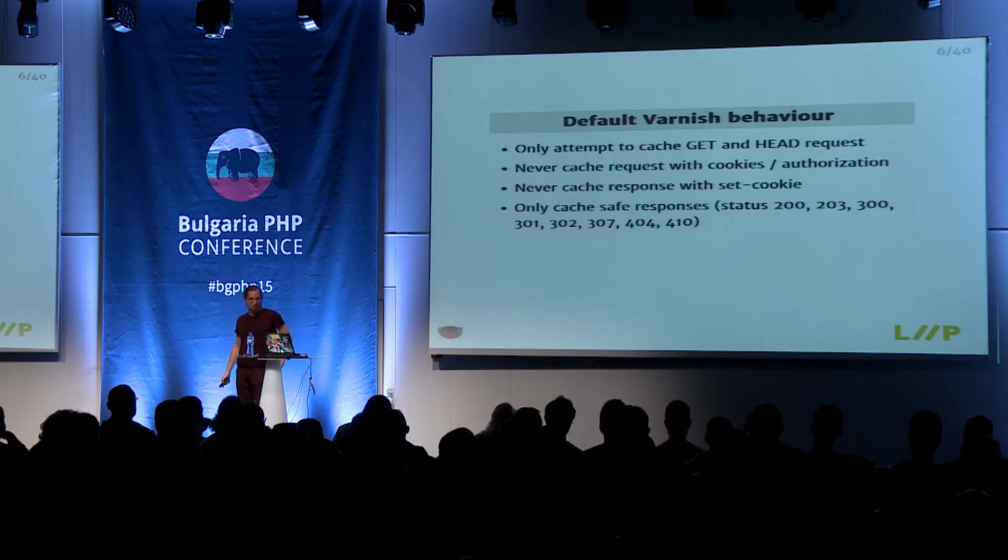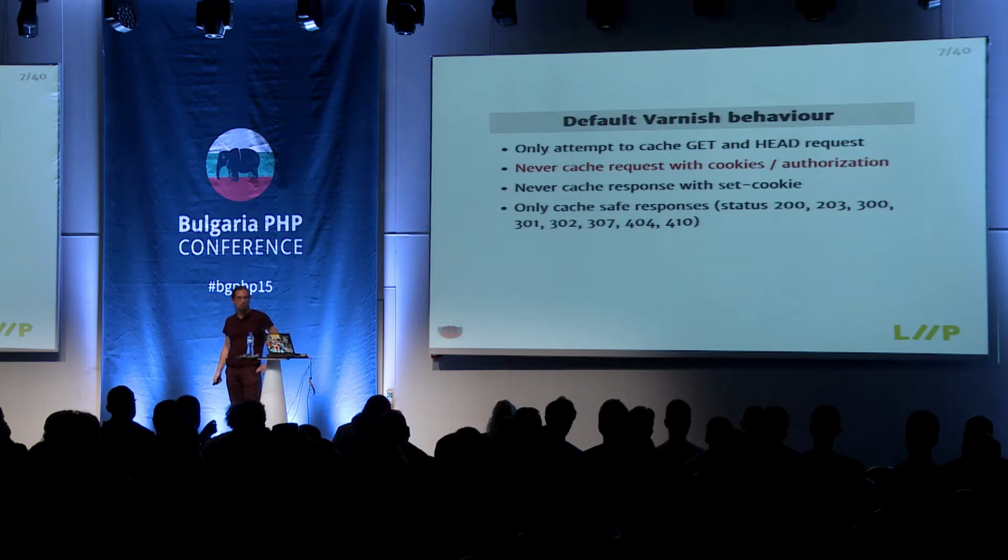It never caches requests that carry a cookie or authorization header by default. It never caches a response which tries to set a cookie, and it only caches if the response status is one of the responses it considers safe. And you can change all of this.